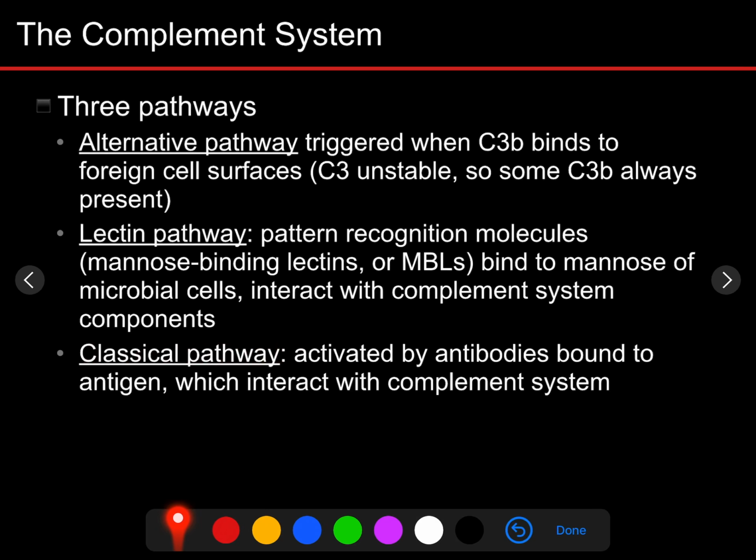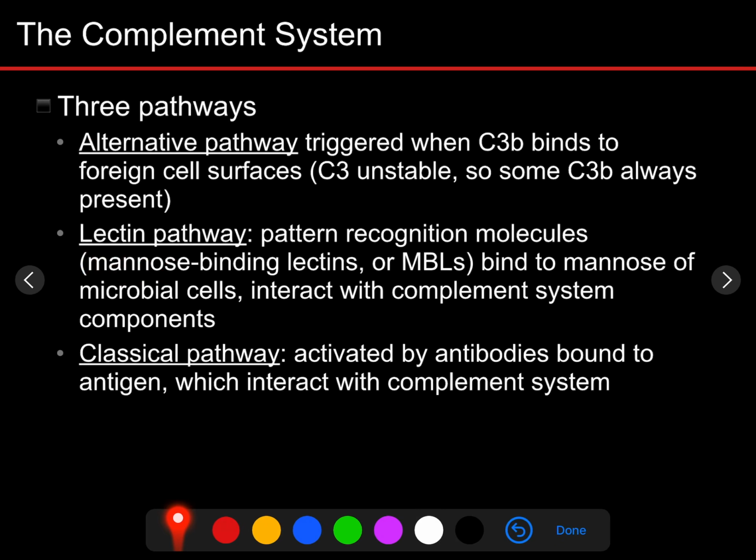The second pathway that can activate the complement system is called the lectin pathway. Lectin is a word that means a protein that specifically binds to sugars. And in this case, the lectin involved binds to mannose, which is a type of sugar that is frequently found on the outside of bacterial cells, but generally not on the outside of your cells.